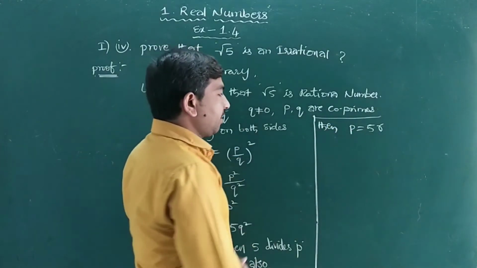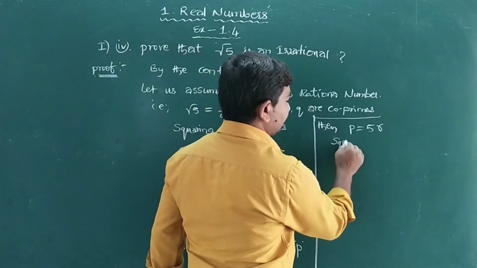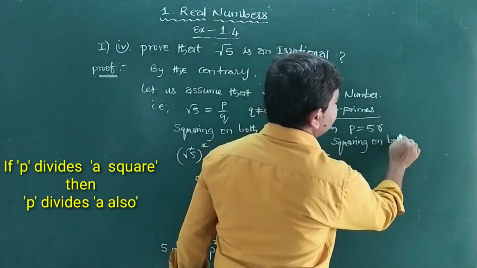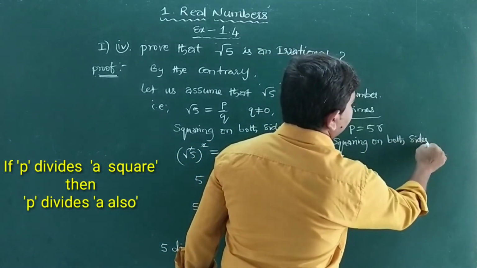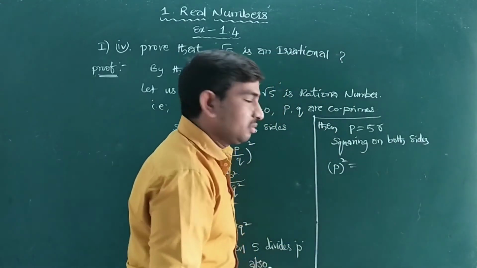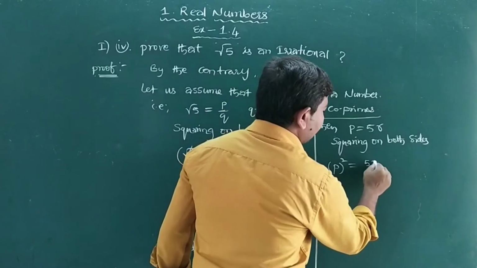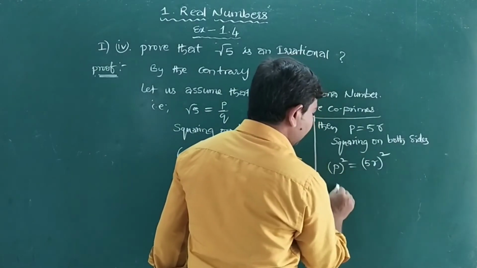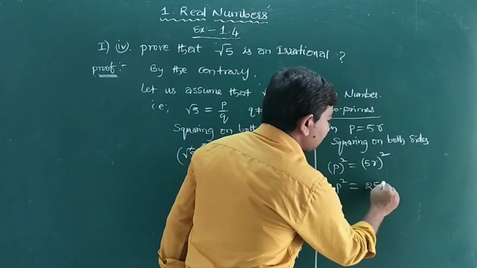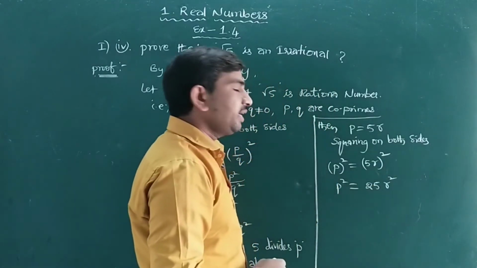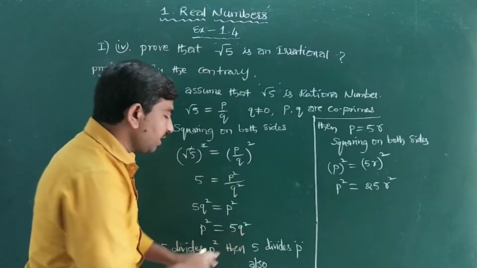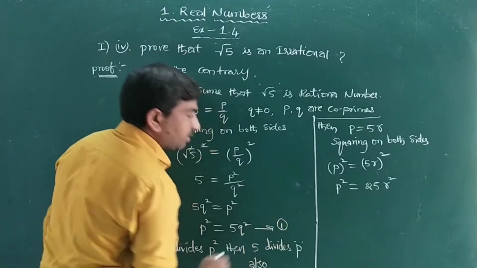Now again take the square on both sides. Then p square is equal to 5r whole square, which means 25r square. Let this be equation 1.